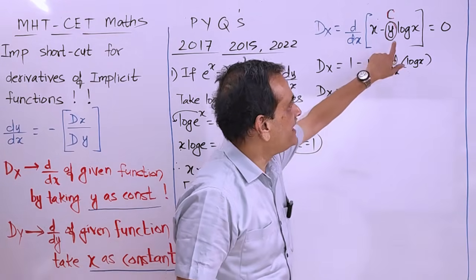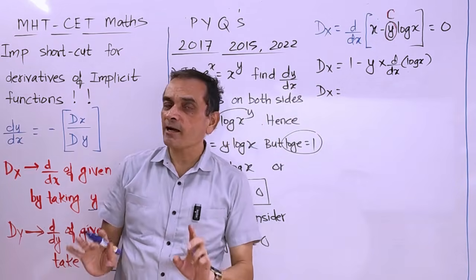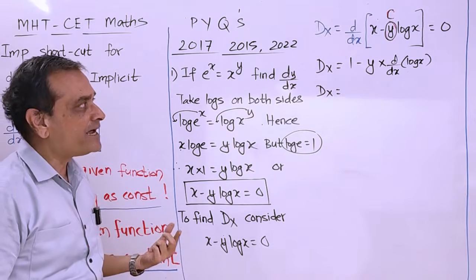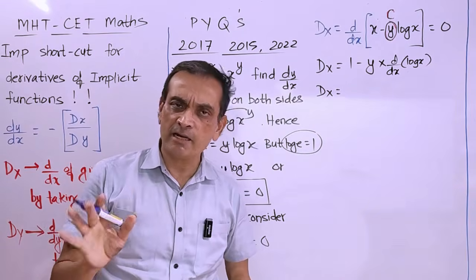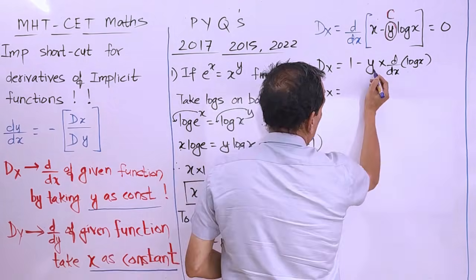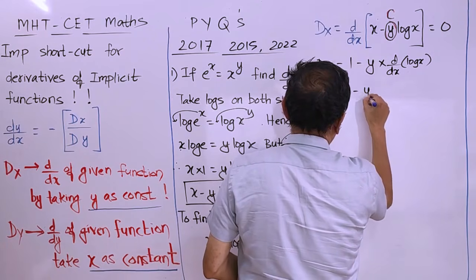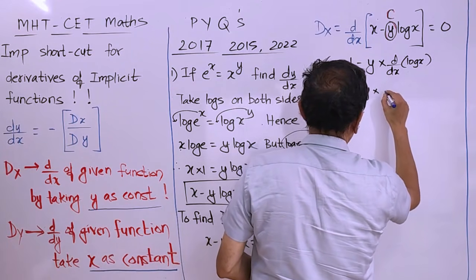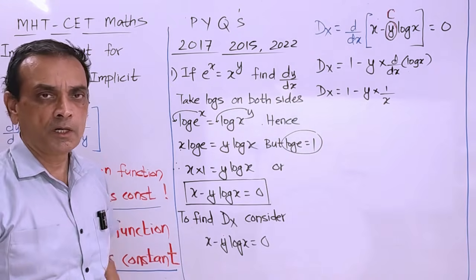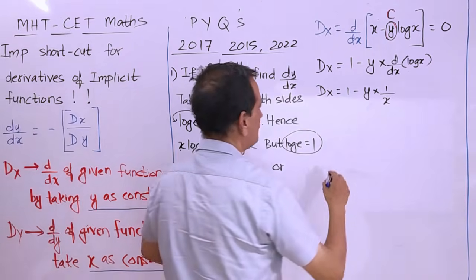If only y was there, we would have taken the derivative of y as 0 for a change. Y का derivative कभी 0 लेते नहीं, लेकिन इस rule से when we take y as constant, if only y is present, take the derivative as 0. If y is present along with some variable, keep it aside, d by dx of log x. So 1 minus y into derivative of log x, 1 upon x. Clear? So let's just simplify this.